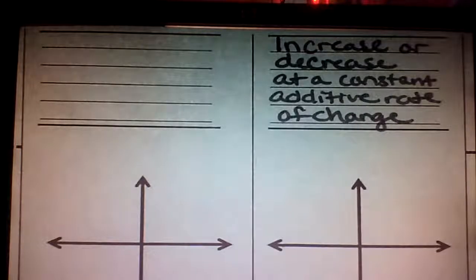Okay, so linear can increase or decrease with an additive rate of change. An exponential also can increase or decrease, but how is the rate of change? What are we doing to change your y's? We're multiplying.